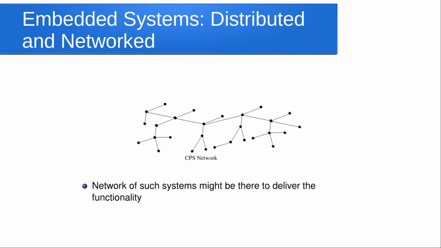But some interesting and grand behavior is possible if we can connect these embedded systems through networking. We'll see what a CPS is, but just to understand, there's a network of embedded systems, and each dot in here might have sensors and actuators together with a microcontroller, and also a communication controller through which it is able to network with the other embedded systems that are either located in the same location or geographically separated, right? So this is a kind of network of embedded systems.